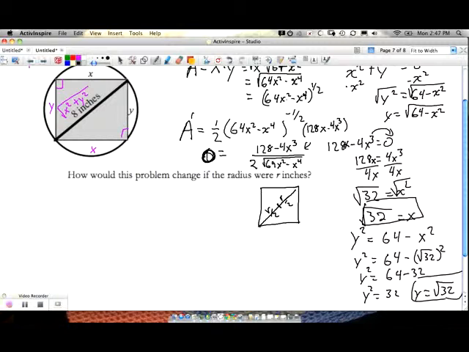Notice that that was an 8 and became 64, so this is like our r squared, and our answer was half of that. So it looks like if we take r squared over 2, and then we square root it, that's what our x and our y are going to be equal to.